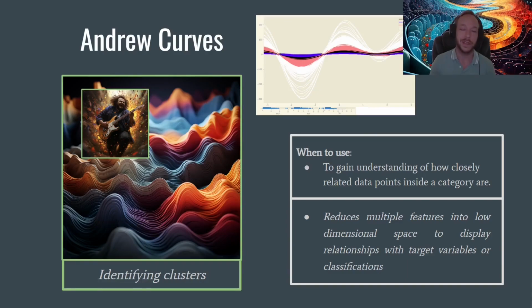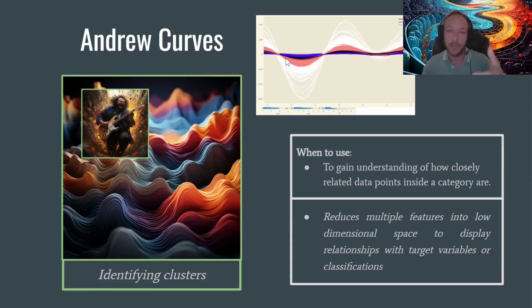Andrews curves. This is an interesting plot, used in a very specialized situation. It can be very valuable when you want to understand the strength of your category. What I mean by strength is how related all the data in one category is, let's say dog, cat, and horse. How related is all the data in horse to each other? I'm just using distances here: how tightly clustered are the spots of data for each category.